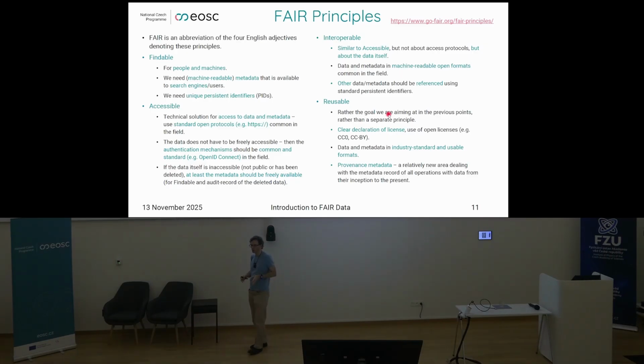So it's very important to declare a license. If you are openly sharing your work, and it's data, not software, as software uses different licenses, Creative Commons licenses like CC0 or CC BY are usually good licenses for this kind of use.